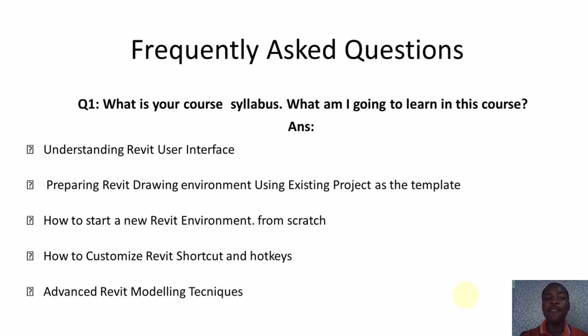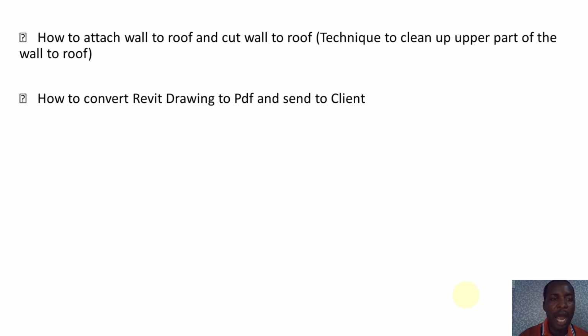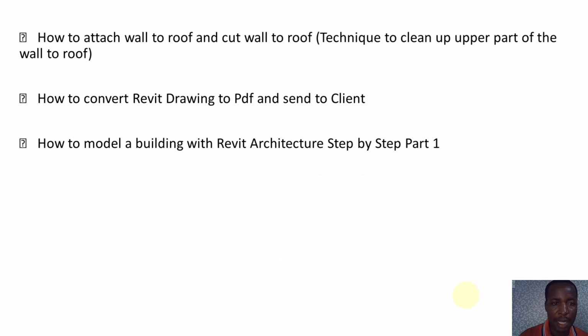You will learn advanced Revit modeling techniques. Now you are going to learn how to model roof step by step. Everything you need to know about different kinds of roof, you are going to learn them. And you learn how to convert Revit drawing to PDF and send it to your client. You will learn how to model a building with Revit architecture step by step.